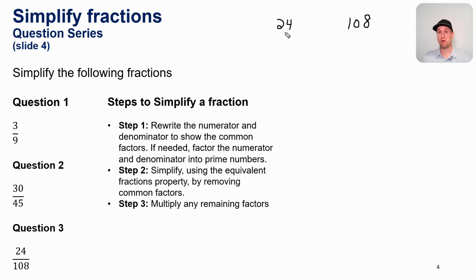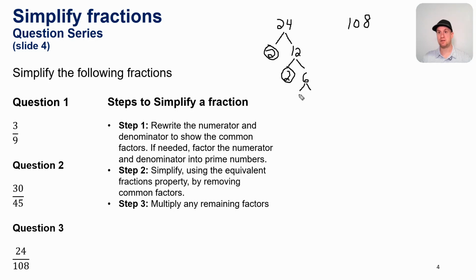So 24 can be reduced down to 2 and 12. 2 is a prime number. 12 can be reduced down to 2 and 6, another prime number.